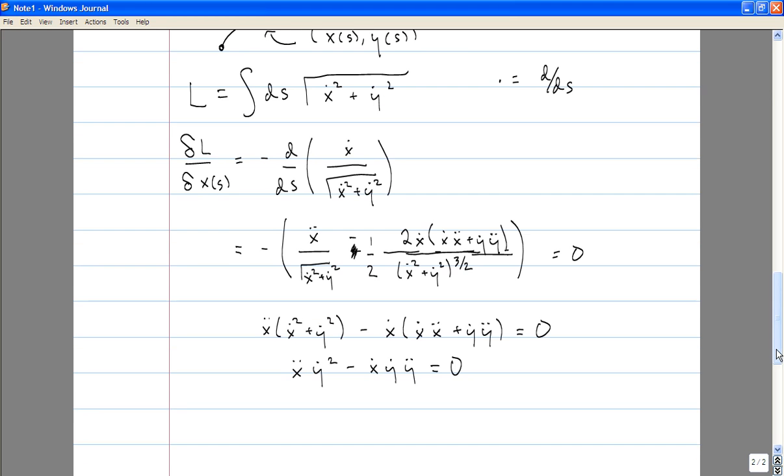And the variational derivative of L with respect to y vanishing will give you the exact same equation except with x and y switched. So we will get y double dot x dot squared minus x dot y double dot.